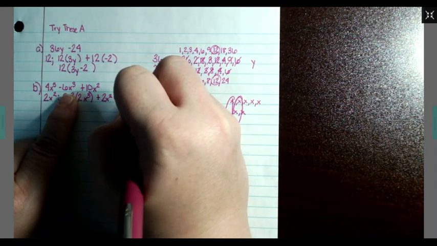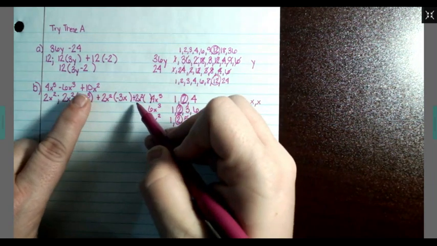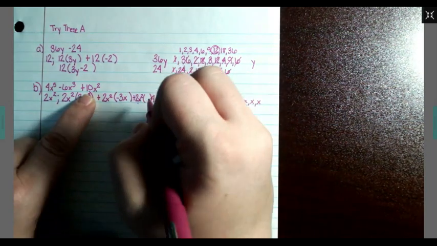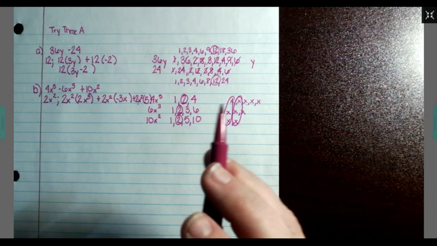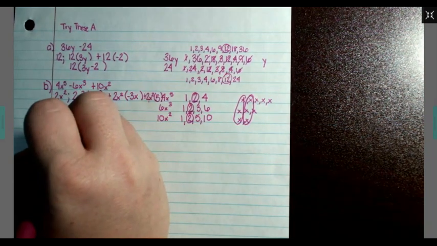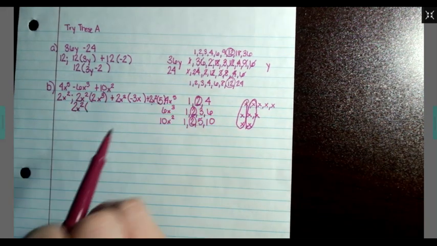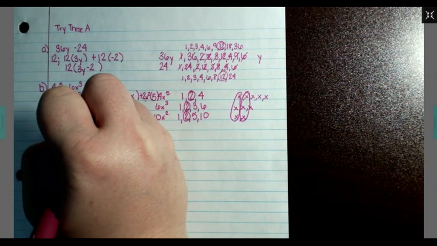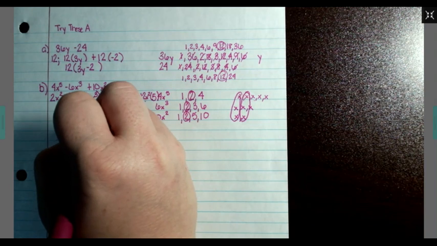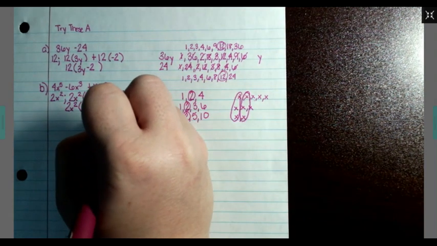Now we have plus 10x squared. What times 2 will give me 10? 5. How many x's would I need? No more x's. So each one of these has a 2x squared. Now we're just going to combine our factors back into one polynomial. So I've got 2x cubed minus 3x plus 5.